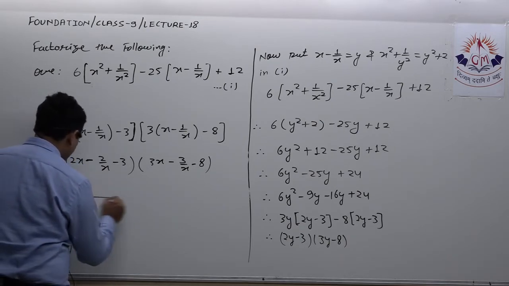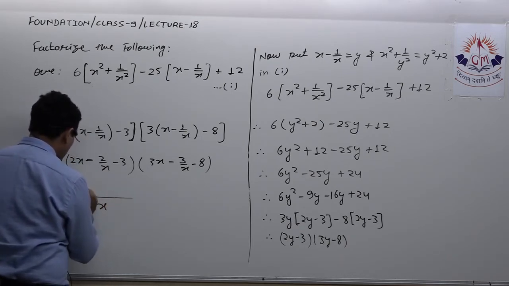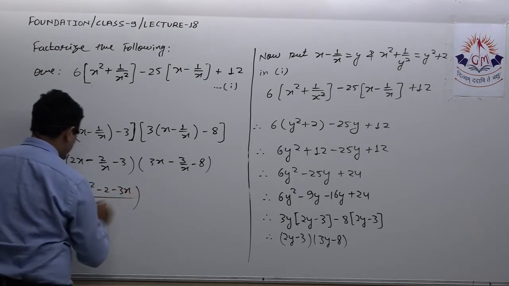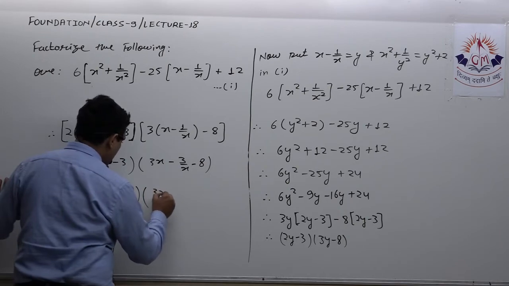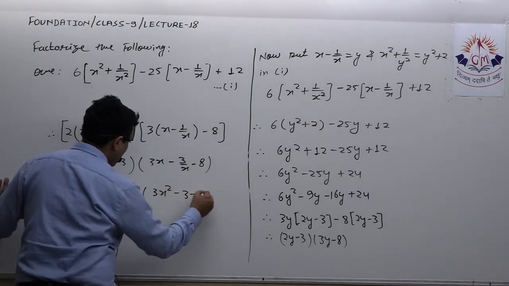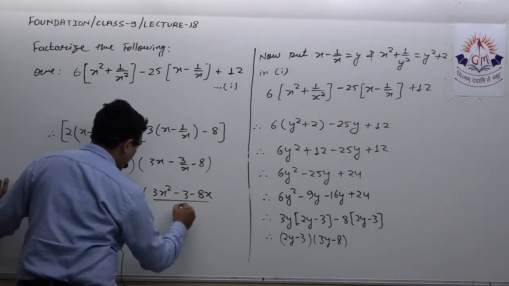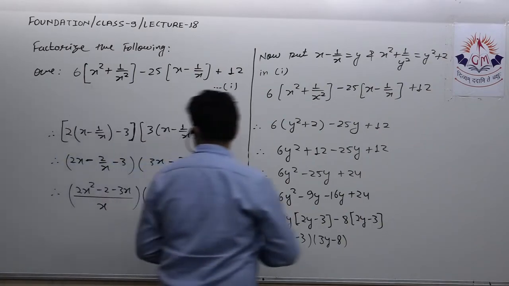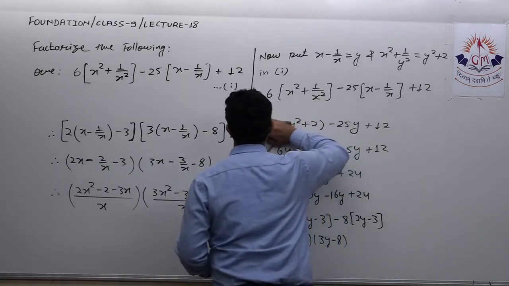So here I will get 2x square minus 2 minus 3x, over here I'll get 3x square minus 3 minus 8x upon x. Okay, now let me see how to solve it further.